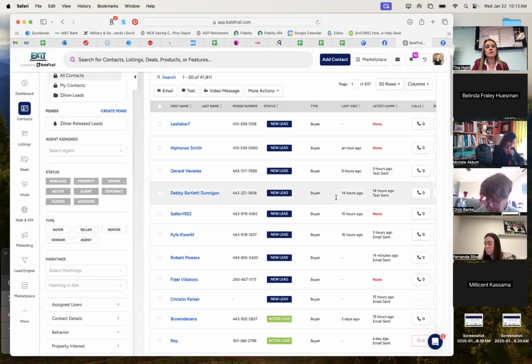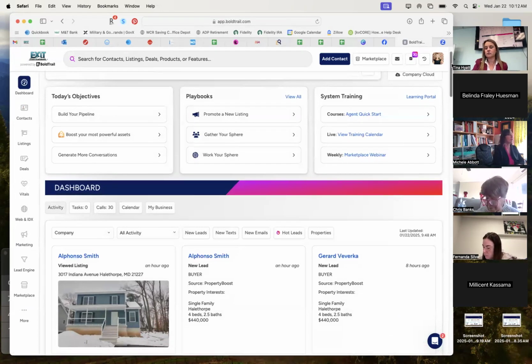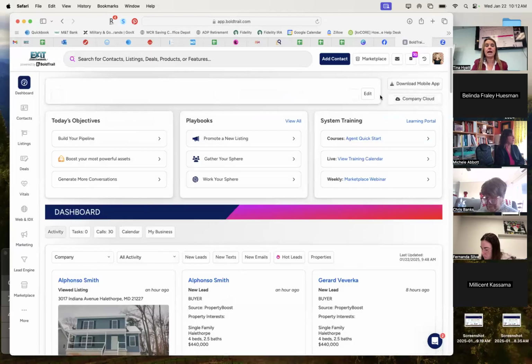Okay. Now I want to jump over to the listing part of it. I'm on the dashboard, the KVCore dashboard. Just a quick reminder, because they have moved it: the quick actions or quick links that used to be at the top of KVCore have moved over to Company Cloud.